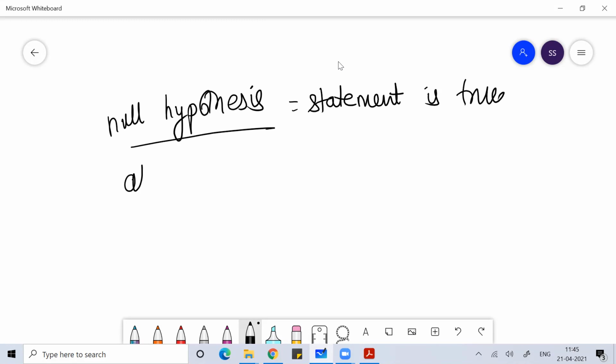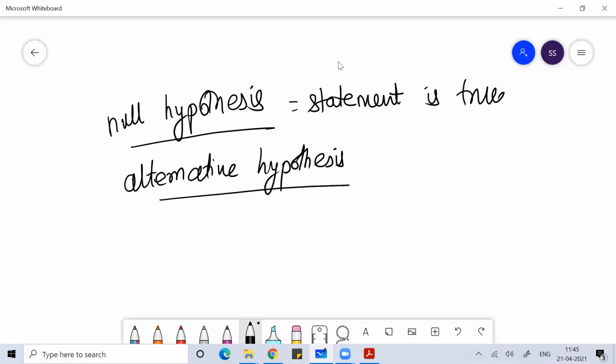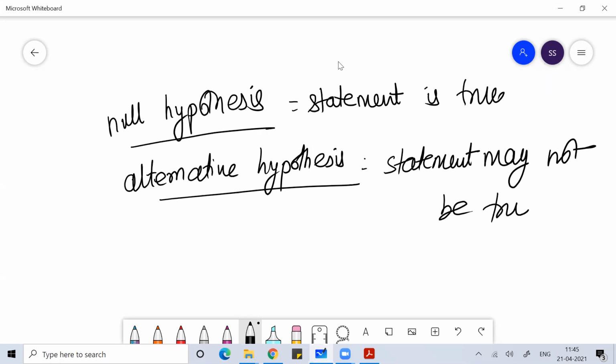Then we write an alternative hypothesis. In the alternative hypothesis, we say that our statement may not be true. So we never say with 100% confidence level that it is true.